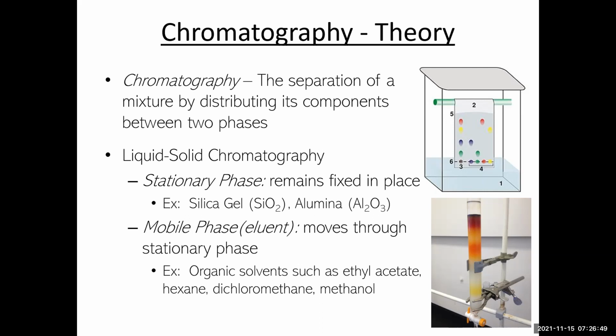So we mentioned that there's two phases and that we can separate compounds based on their affinity for those two phases. Let's talk about those phases in a little bit more detail. We have this stationary phase, and again, typically it's a solid and remains fixed in place.